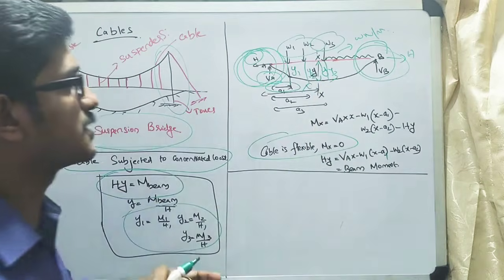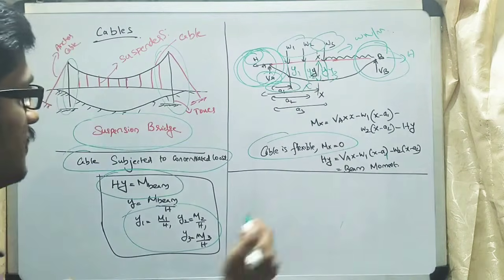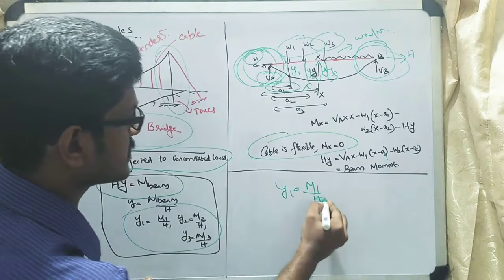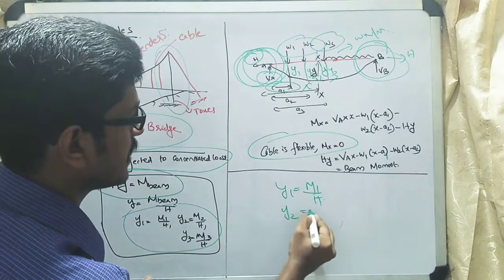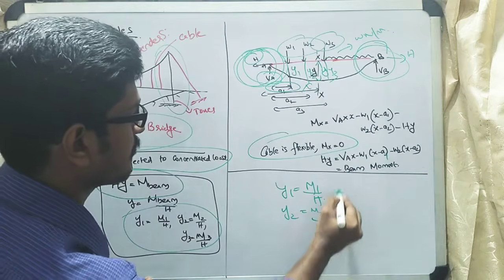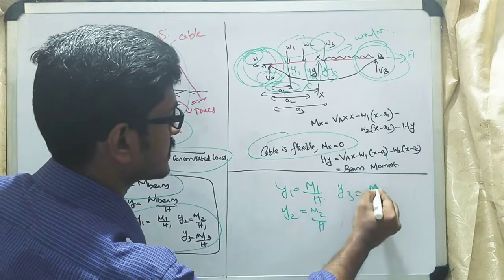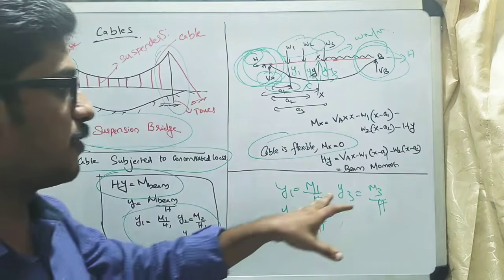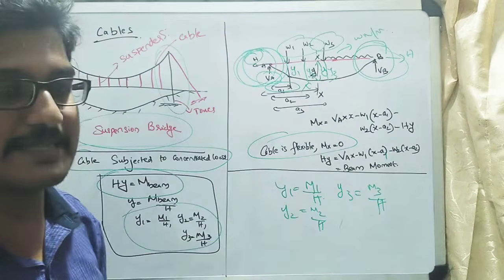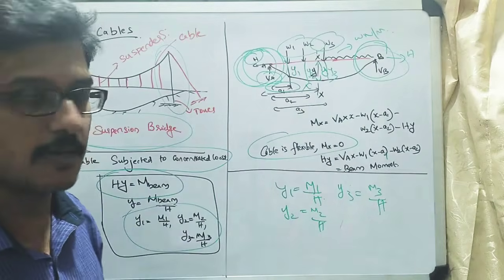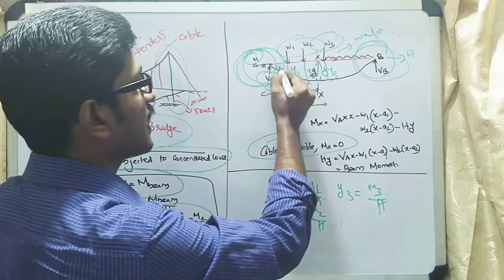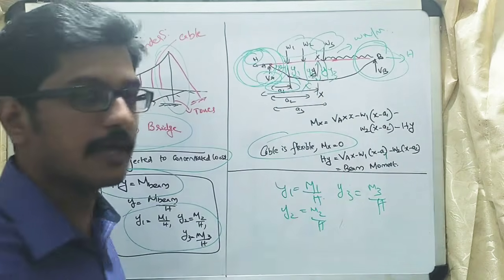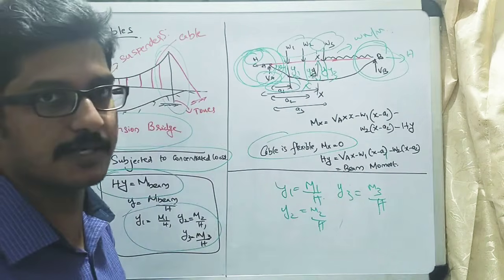If you want to find these Y1, Y2 and Y3, we can write Y1 equals M1 by H, Y2 equals M2 by H, and Y3 equals M3 by H. And we will discuss later how to find the total length of the cable, how to find the theta angle, and what tension occurs in the cable.